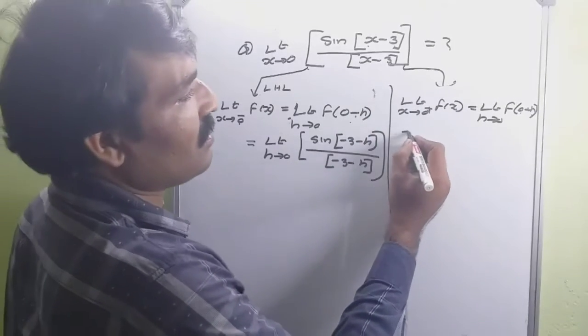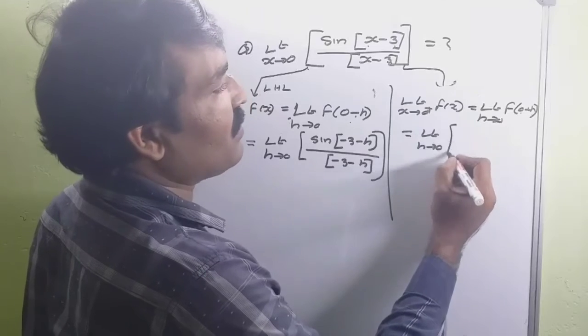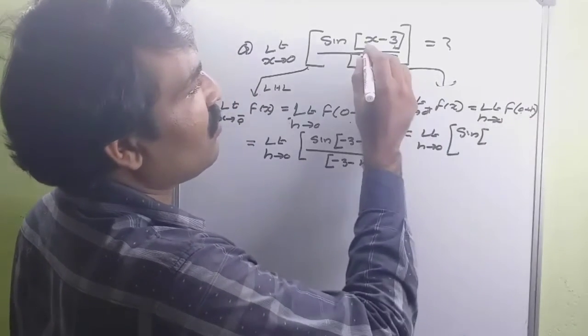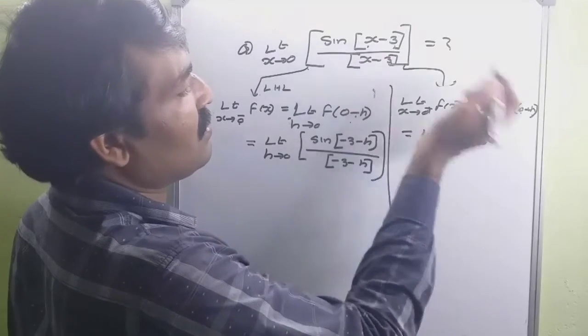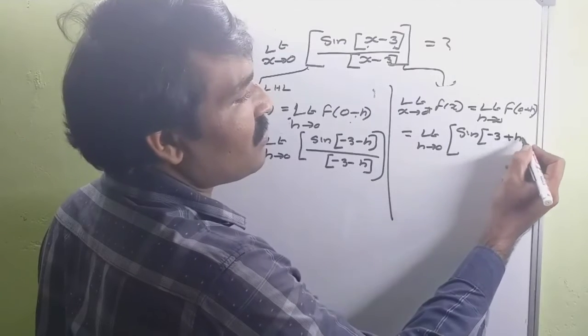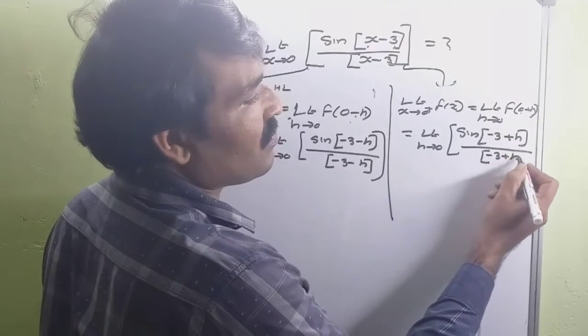Here this is equal to limit h tends to 0 greatest integer function of sine of, x replaced by h, so h minus 3, that is minus 3 plus h, divided by greatest integer function of minus 3 plus h.